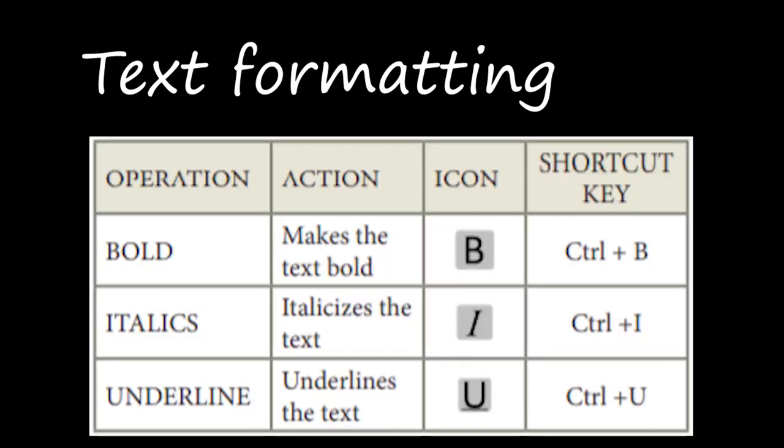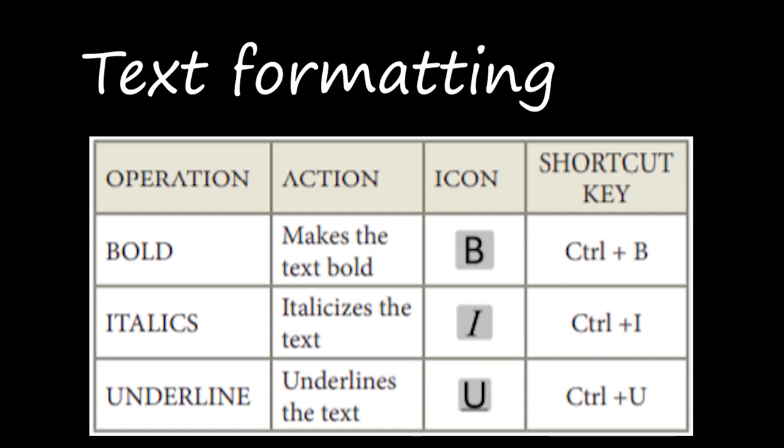The basic formatting shortcuts are, if you want to make the text bold, you can use Control B. First select the text and then press Control B, or else the B icon in the top toolbar will make the text bold when you click it.